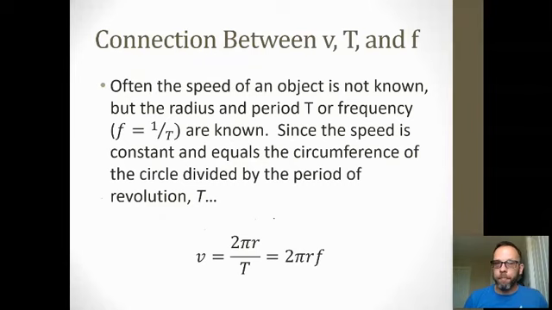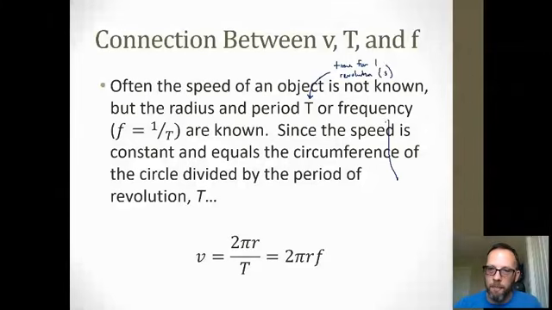We're going to make a connection here between the speed of an object in circular motion and frequency and period. If you recall from your grade 11 course, and you traditionally did this in your unit on waves, the period is basically the time for one revolution, and that's in seconds.